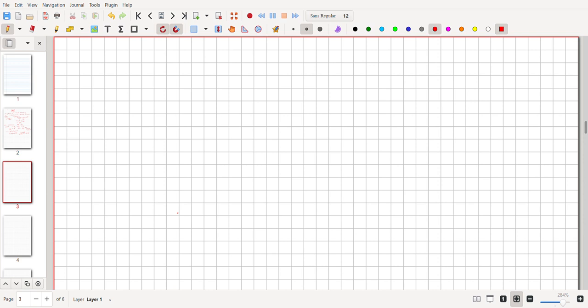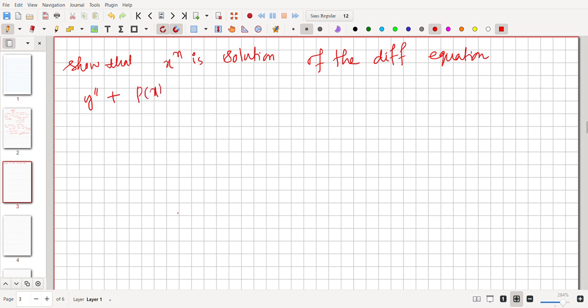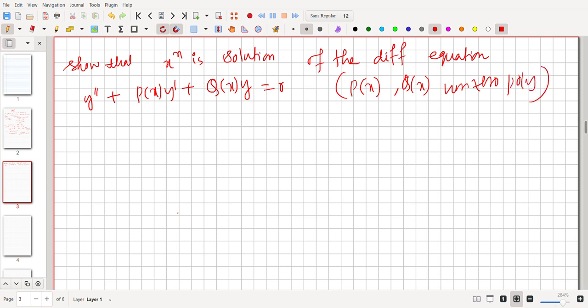Show that x^n is a solution of the differential equation y'' + p(x)y' + q(x)y = 0, where p(x), q(x) are non-zero polynomials on (-1, 1), if and only if n = 1. It's a very simple problem, just computation.